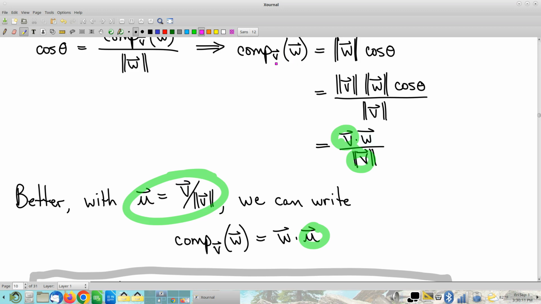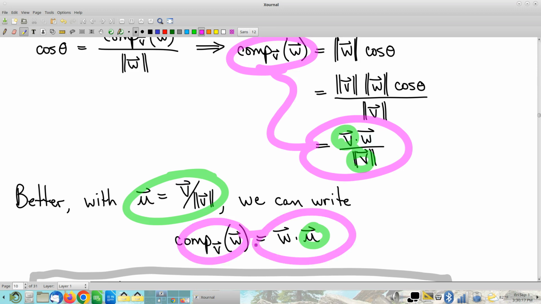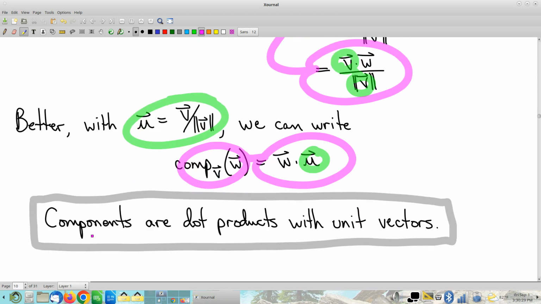My formula for component becomes this, I think, much simpler formula for component. You want to take a component of a vector w? Cool. Dot product it with the appropriate unit vector. Boom. Rolls off the tongue really nicely. Components are dot products with unit vectors. Nice and easy. That make sense?